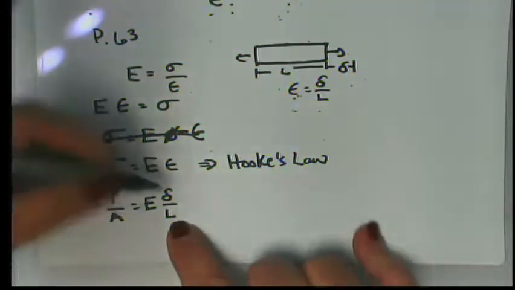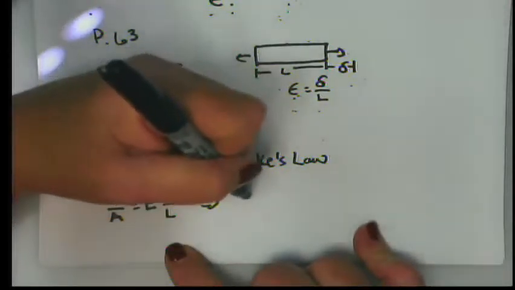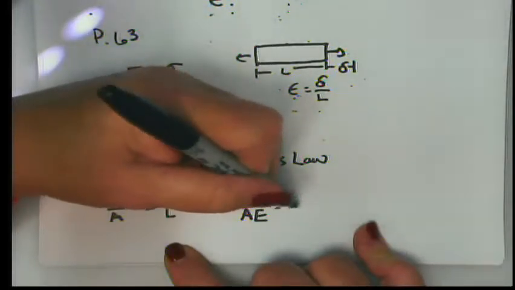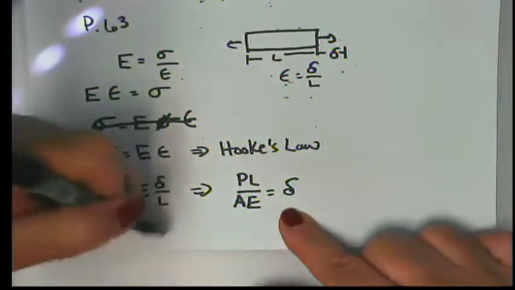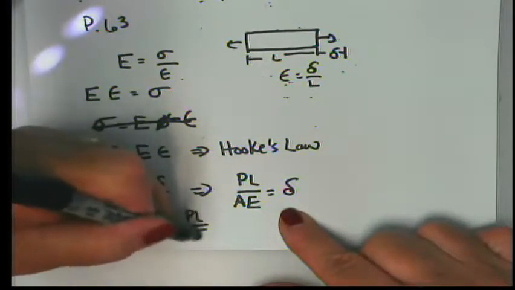We can write it and solve it for del, and we would get PL over AE is equal to del. Or to write it in the proper form, del is equal to PL over AE.